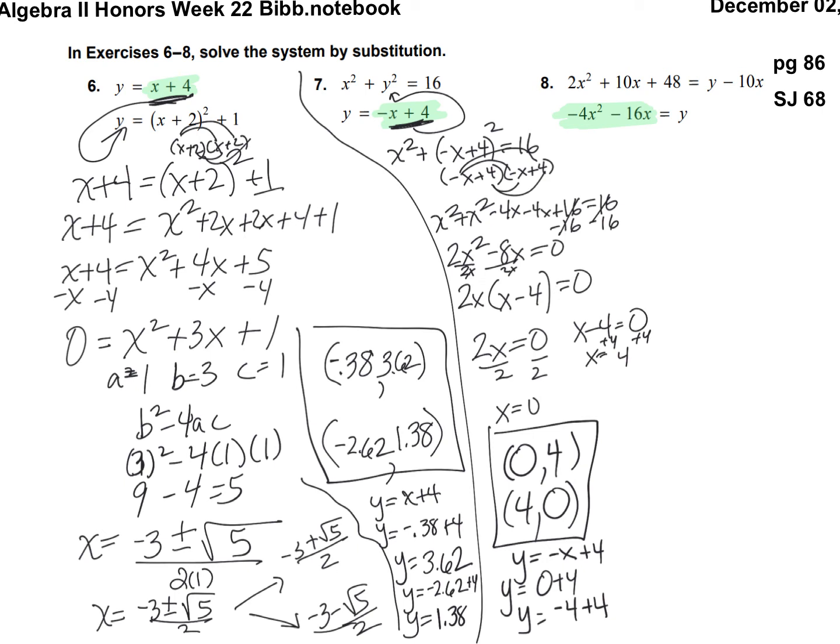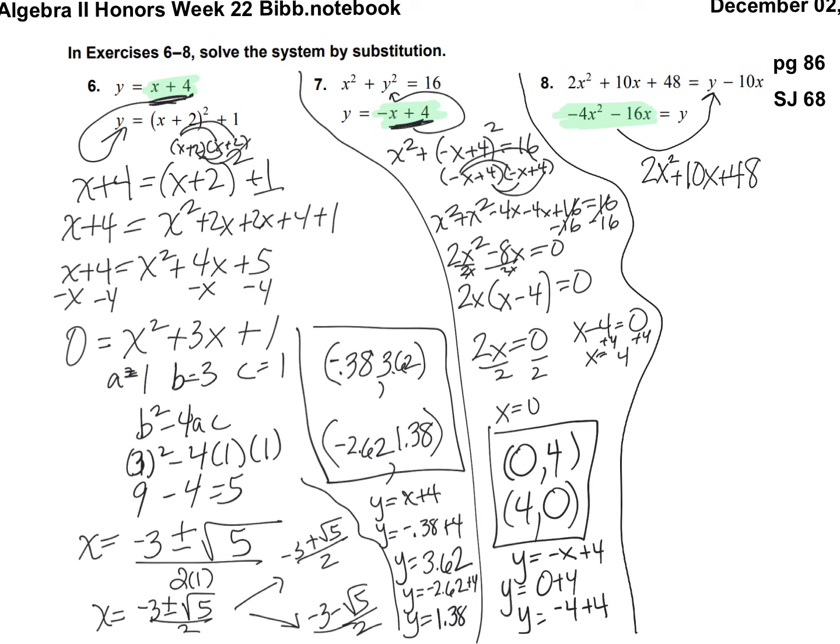I'm going to use substitution. I'm going to substitute negative 4x squared minus 16x in for y. So keep the left side the same, and then substitute negative 4x squared minus 16x minus 10x.